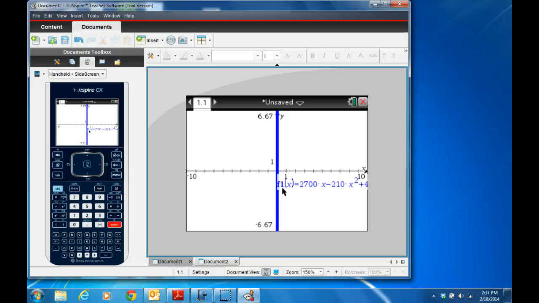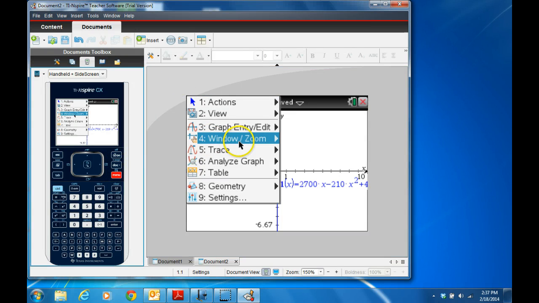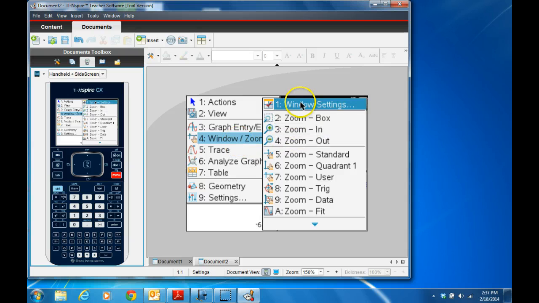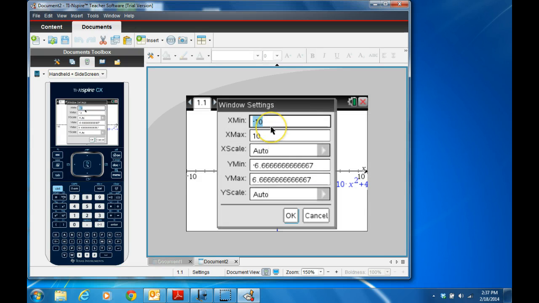It only goes to 10. We're dealing with thousands, right? That's why you've got to go to 11,000. That's why we need to go to our menu, go to our Window settings. And then you have a minimum of 0, and a maximum of 22.5. And then a minimum of 0, and a maximum of 11,000. Yep.